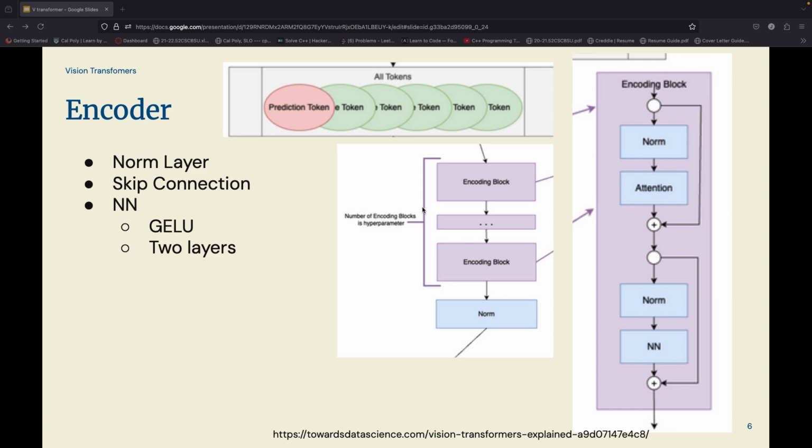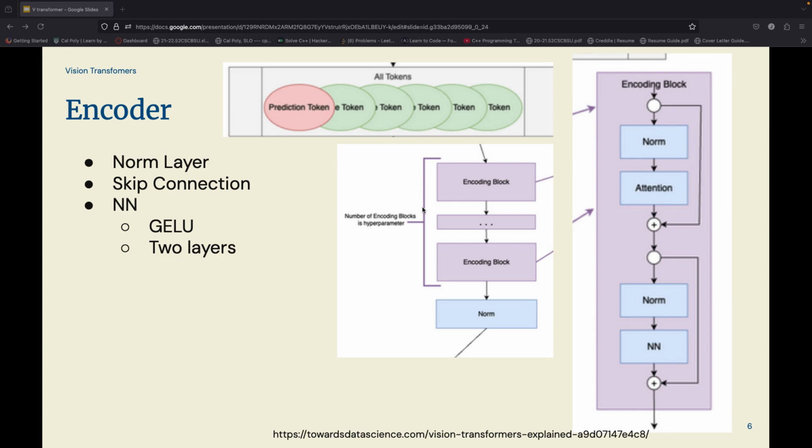So after we have all the pre-processed tokens, we pipe that into a normalization layer, which basically helps stabilize training and helps the gradients converge faster, which is pretty standard to do. And then that is put into the attention block or module.